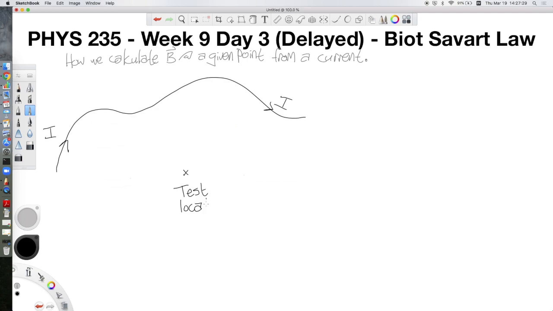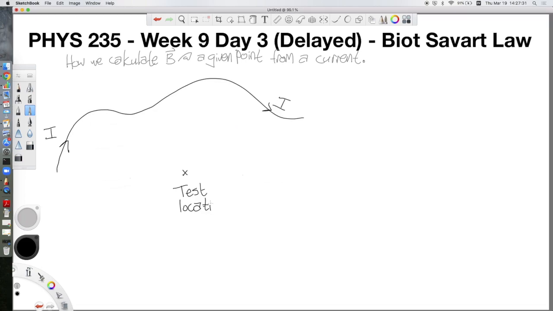This is similar to the test locations we had with the electric field. This is the location where we want to determine the magnetic field this time, before it was the electric field. And like we did before, we're going to break the source of our field down into chunks and find the field from each of these chunks separately and then add them up in the form of an integral.